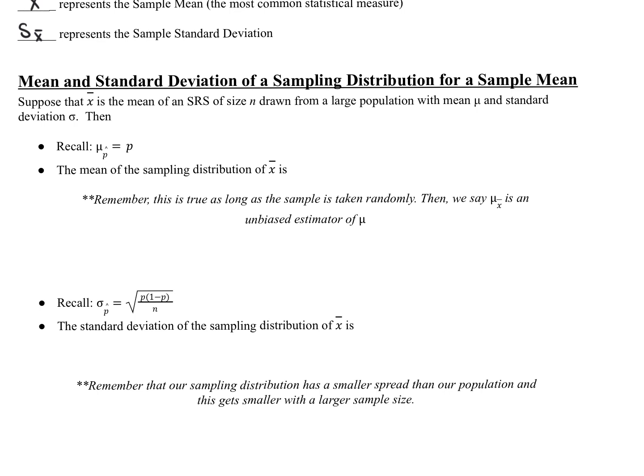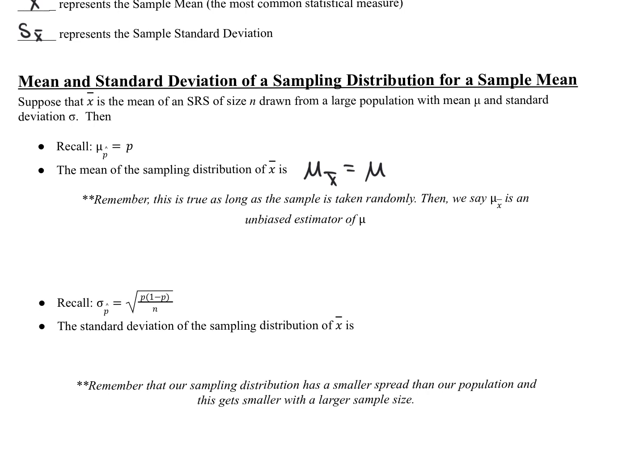So it's very, very similar for the mean of a sampling distribution. So mu sub x bar equals our population mean mu. Again, this is true as long as it's taken randomly. And then we can say that it's unbiased.